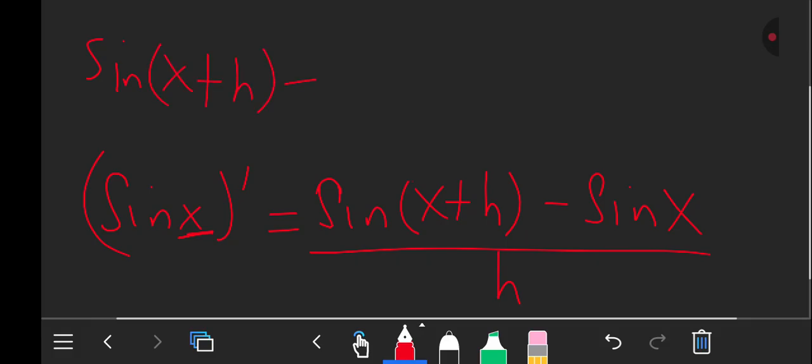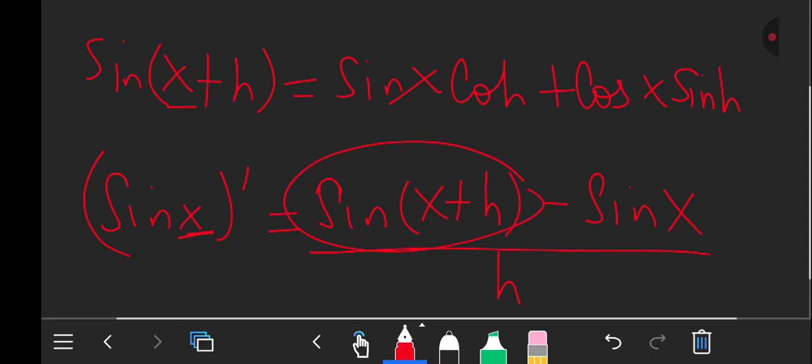So when you're dealing with compound angles, this is equal to sine x, you take x, then you take cos h, you maintain the sign plus, you start now with cos, so you say cos x, then sine h. So this is the compound angle. This is the one we are going to substitute where there is sine of x plus h. So let's do the substitution.